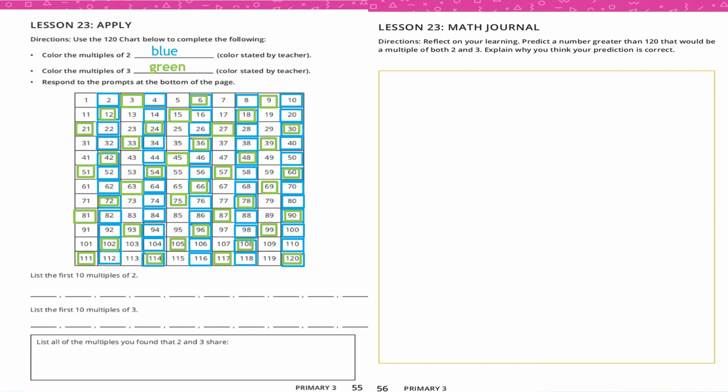So 3 is a multiple of 3. 6, yes, 6 is a multiple of 3, because 3 times 2 is 6. 9 is a multiple of 3, because 3 times 3 equals 9. 12, 3 times 4 equals 12. 3 times 5 is 15, and so on.